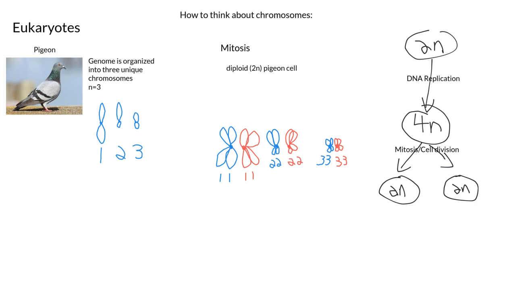This pigeon cell, after S phase of the cell cycle, is now in a 4N state. In a 4N state, this cell can proceed to mitosis because it has doubled its amount of DNA and it is now prepared for cell division down here in mitosis.